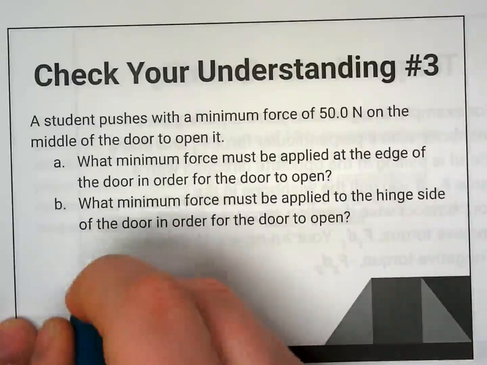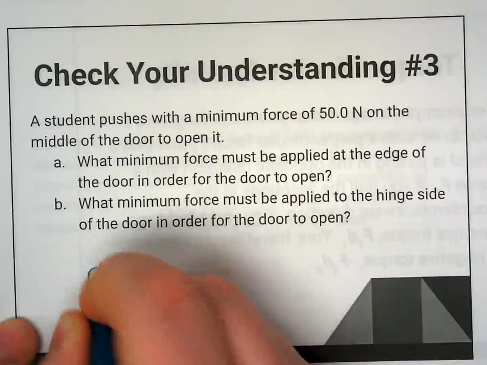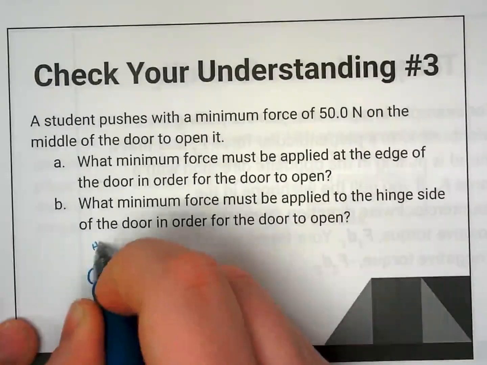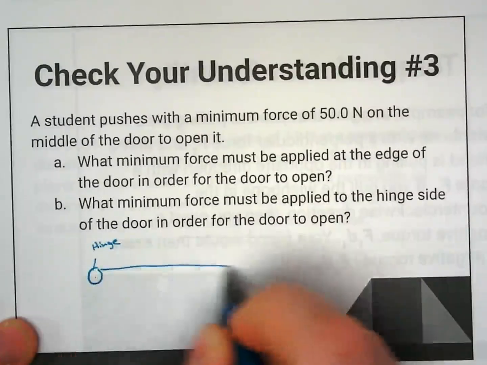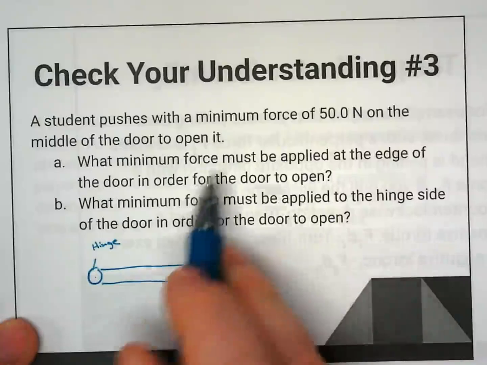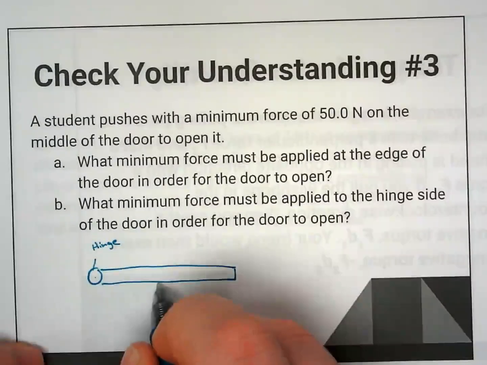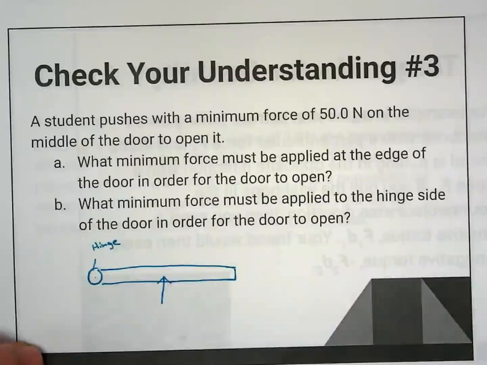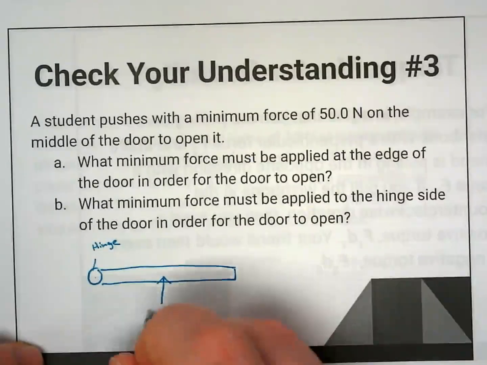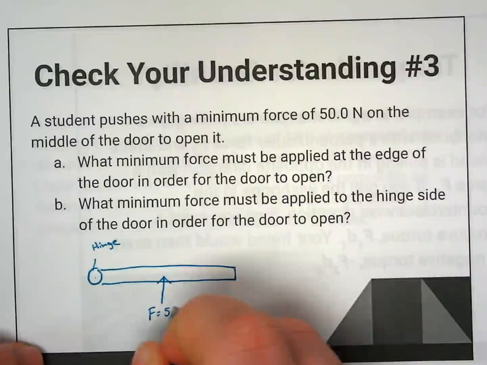So if this is our door, here's my hinge, and this is my door. What's being set up here is the fact that a force is being applied in the center. We've got a force of roughly about 50 newtons here.